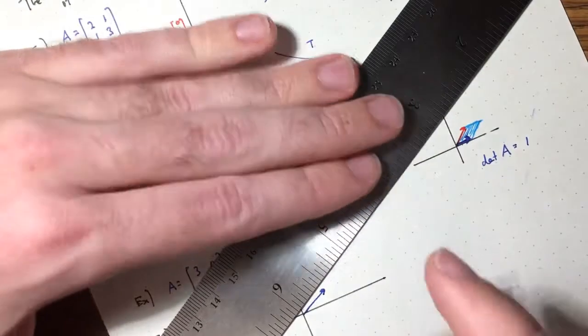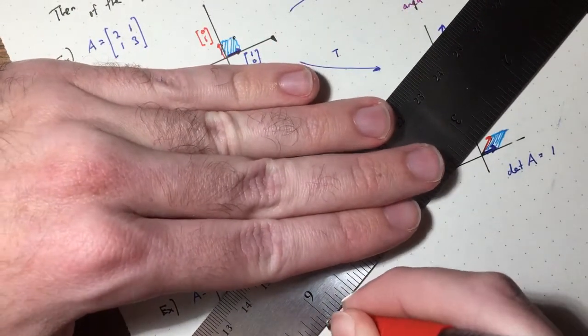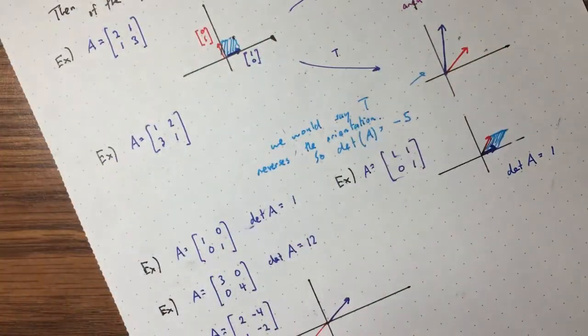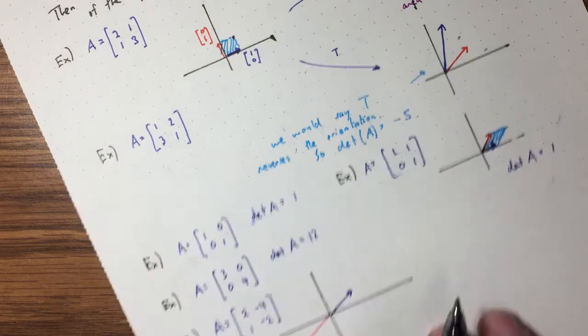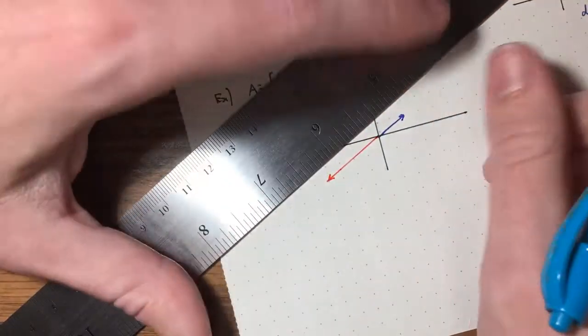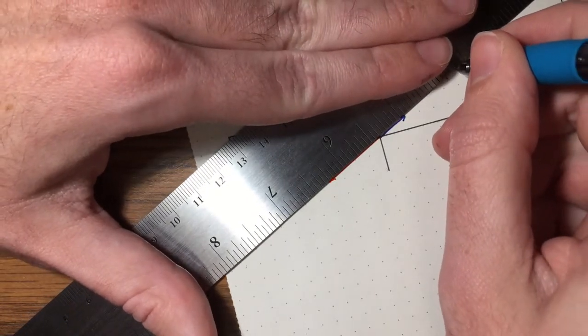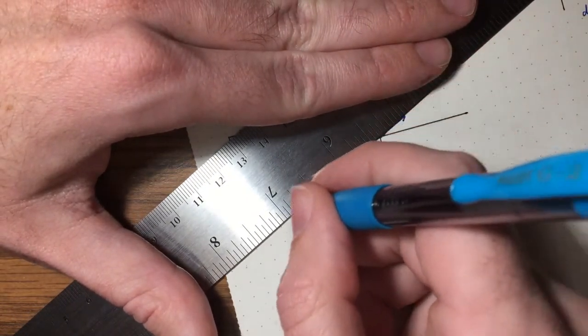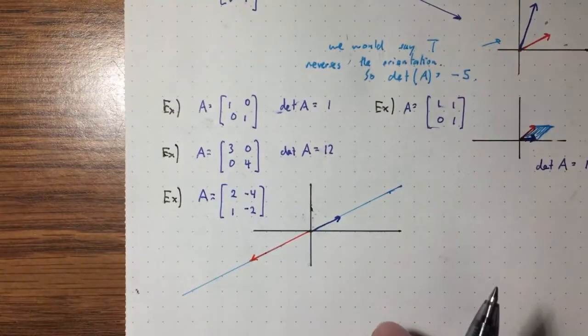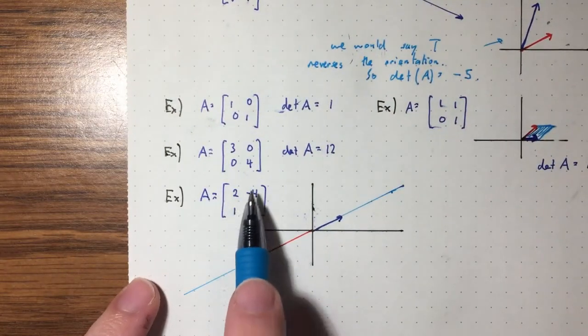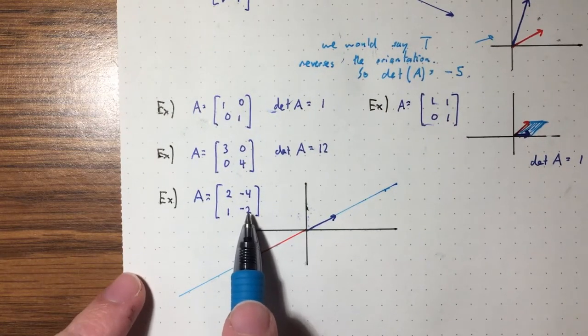I'll use my ruler. Oh, but look what happens. They're both getting sent to the same line through the origin. We can see that because the columns of this matrix are not linearly independent.